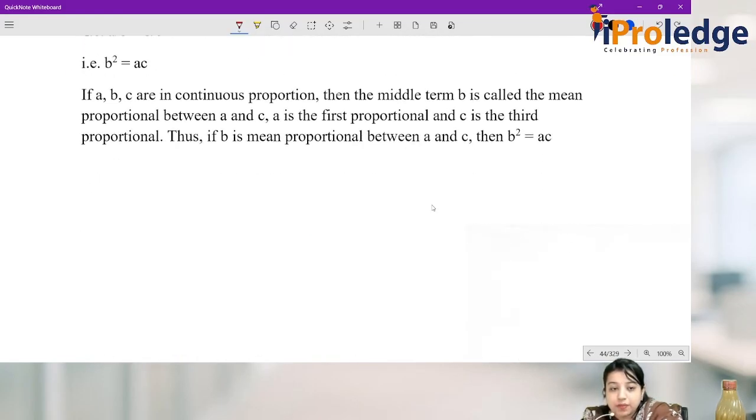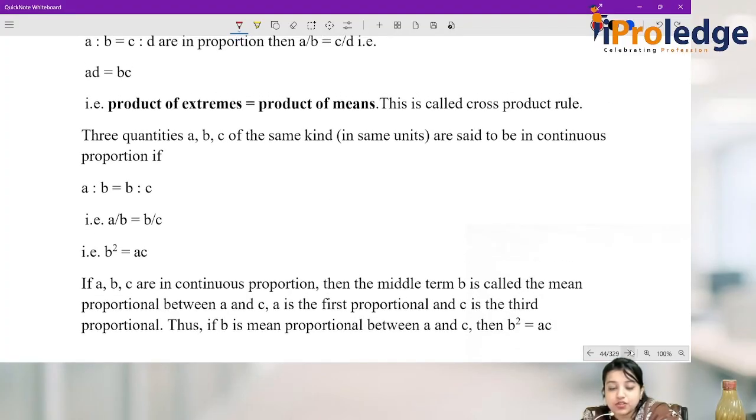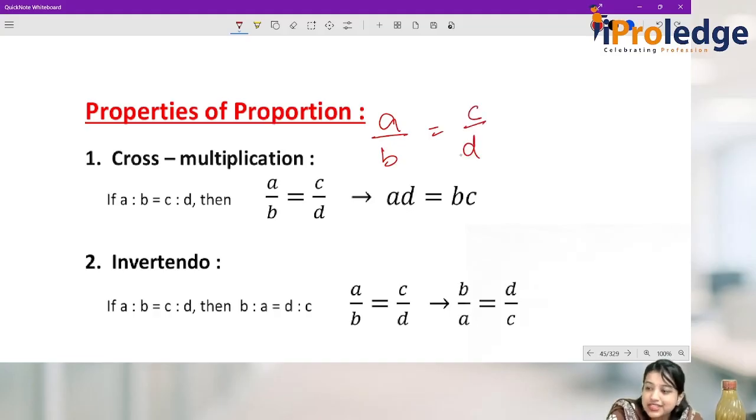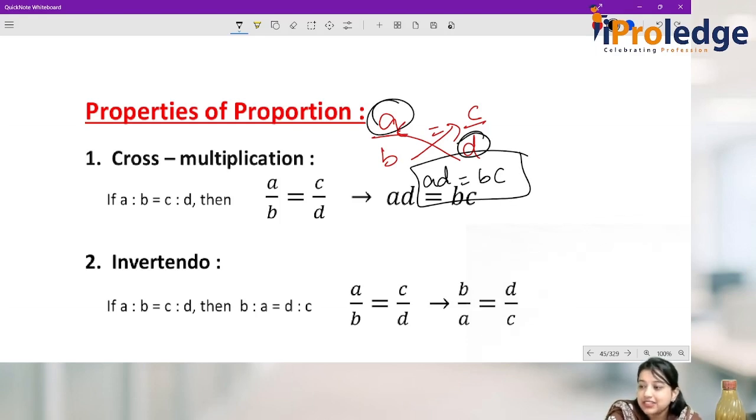The first property is the cross multiplication property. According to it, when we have a ratio A by B equal to C by D, you just cross multiply: AD equals BC, where A and D are called extremes, B and C are called means.